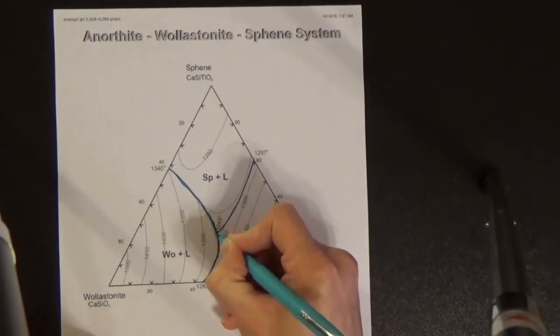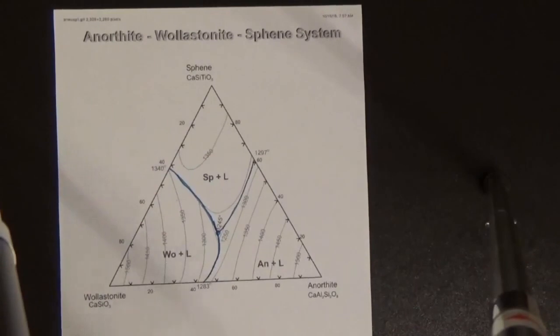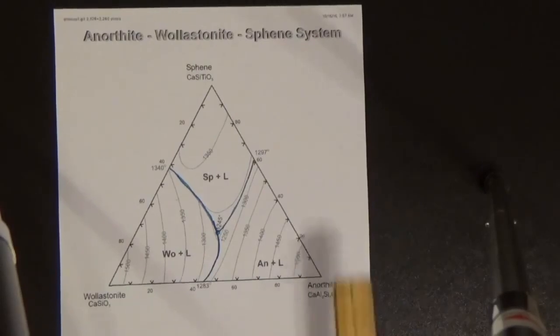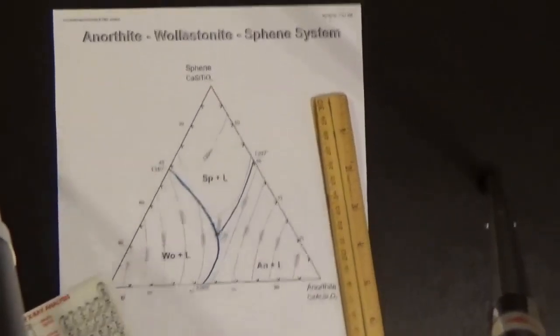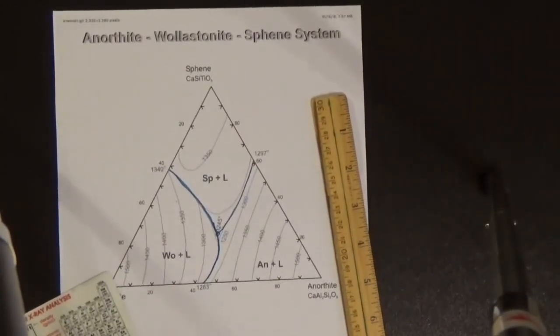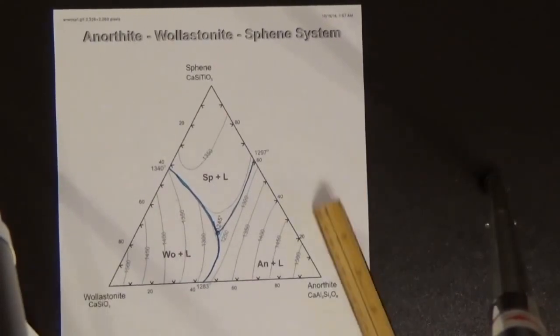And that point, then, is our ternary eutectic. Let me grab a ruler. So I thought that we would just go through a simple example of reading from one of these.